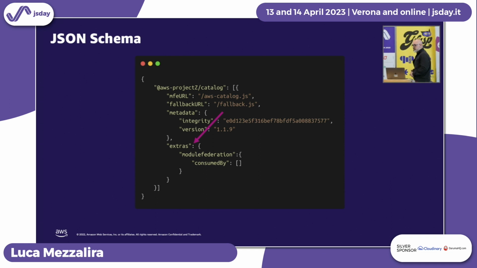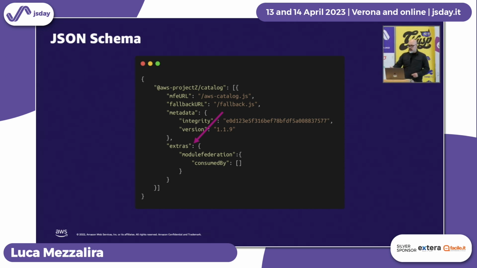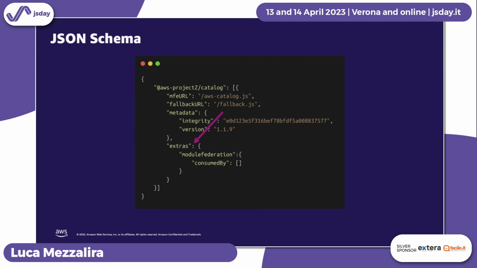Therefore, we started to have a safety net, in this case the extras, that allows us to say, okay, in Module Federation, I want to load my micro-frontend, and I want to load at the same time all the dependencies. And therefore, I can have Module Federation consumed by an array of other dependencies I need to load. So I can instruct my application shell to handle it in that way.